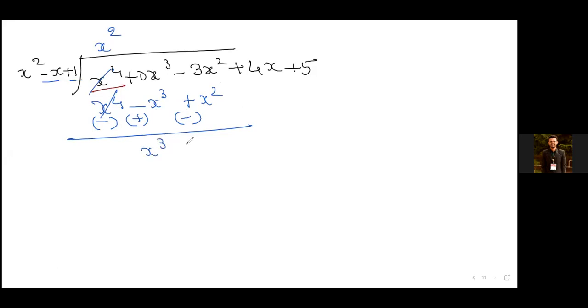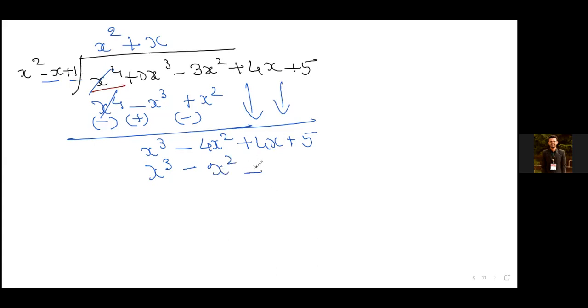We get plus x cube and minus 4x square. Take these terms down, plus 4x plus 5, and again follow the same procedure. Multiply by x, we obtain x cube minus x square plus x.